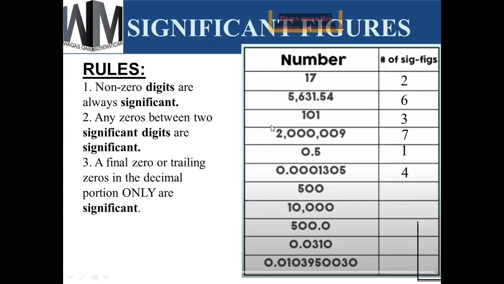When we talk about decimals, we have different rules. If there is a decimal point in any number, then the trailing zeros will be counted as significant. Otherwise, the trailing zeros will not be counted as significant figures. So in 500, we have only one significant figure.